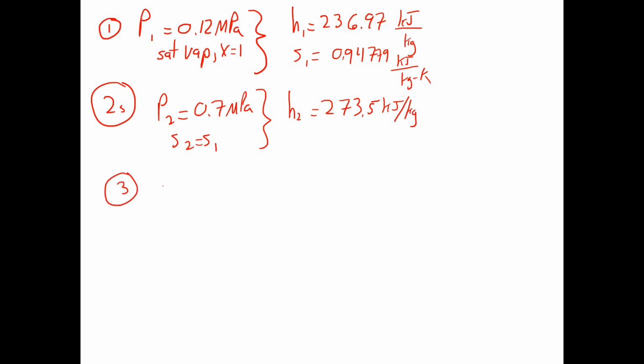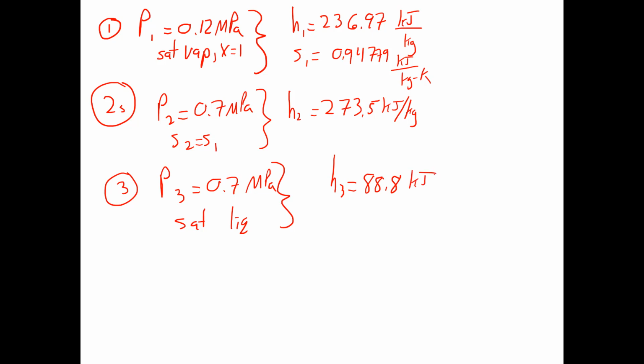Then at state 3, we have the pressure of 0.7 megapascals, and we know that it's a saturated liquid. We can get H3 as 88.8 kilojoules per kilogram. And then state 4, if you remember, is an isenthalpic process. So H4 is equal to H3, which is 88.8 kilojoules per kilogram.